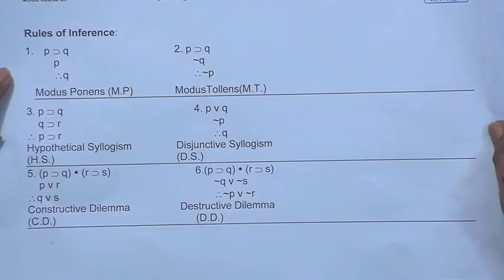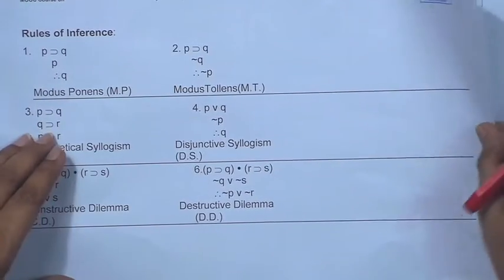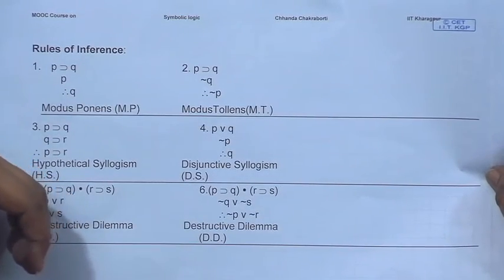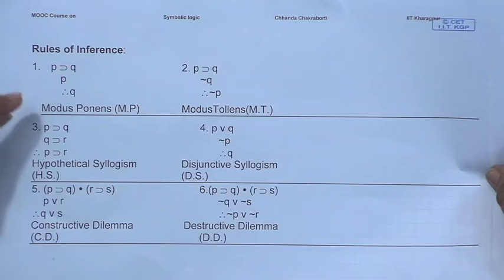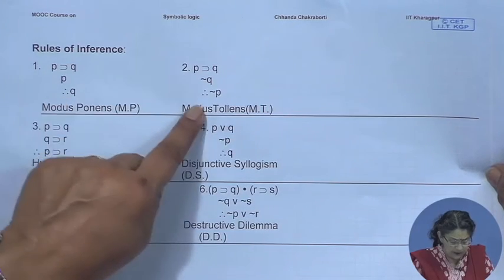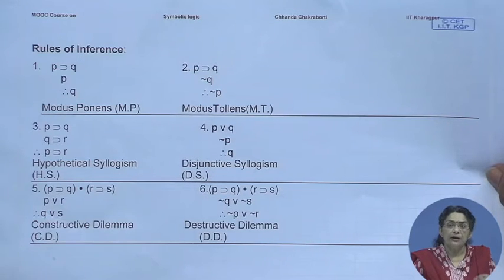So, let us look into the totality of these rules, how many rules we have learned and what the difference is. Let me remind you once more. These are rules of inference. The first 9 that you learned are rules of inference. So, they are one directional, and the triple dots refer to the fact that you are deriving a conclusion. That is why they are rules of inference.